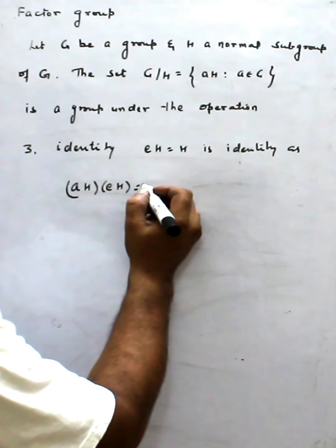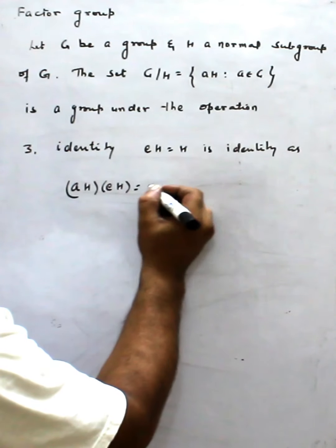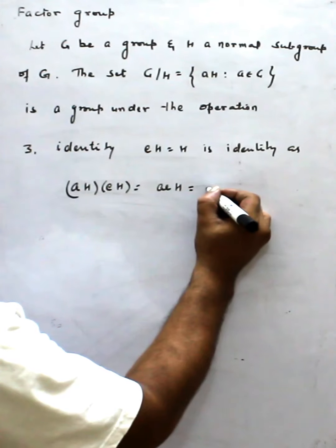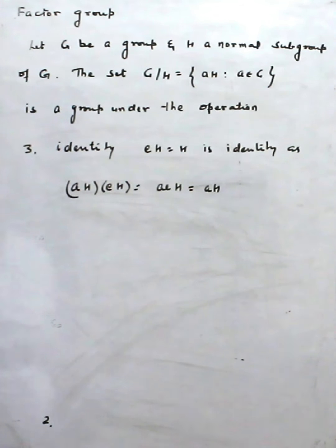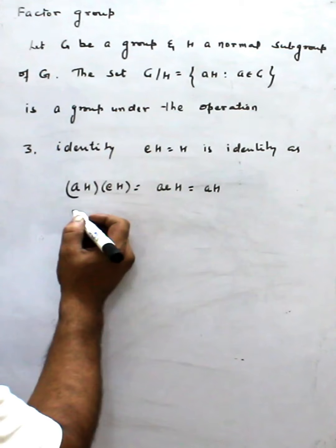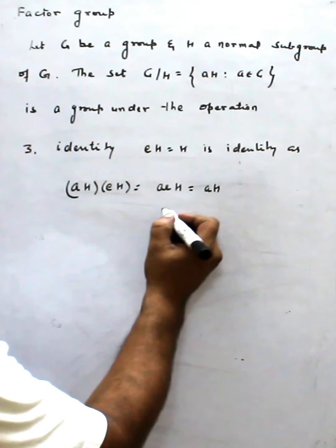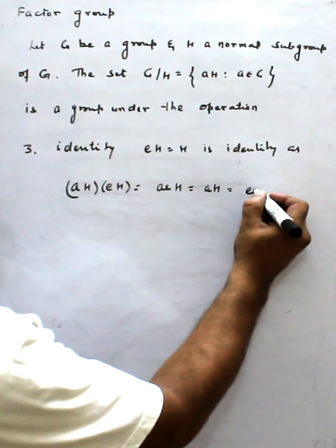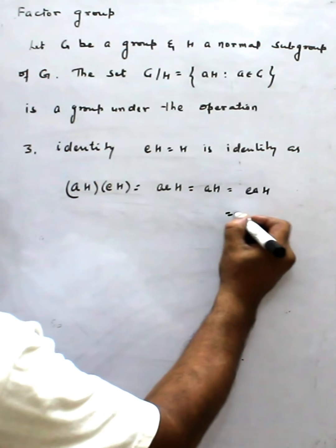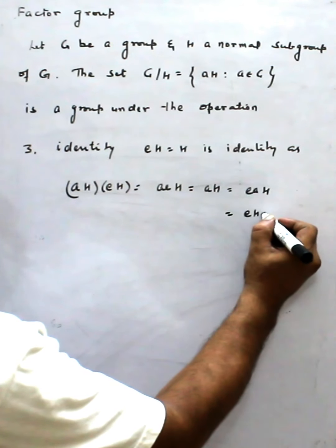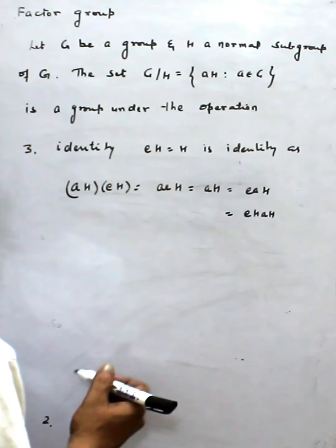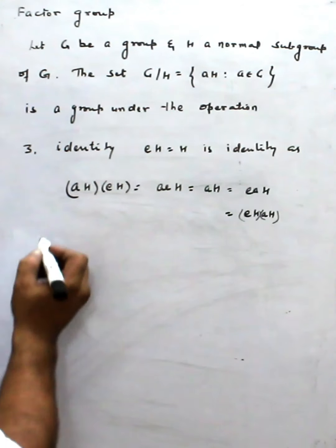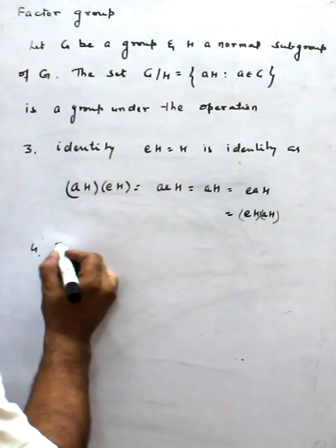So by definition of the operation, this we can write aeH, and this we can write aH. Or similarly from the right side, you can write eaH, that is eH aH. So identity exists.